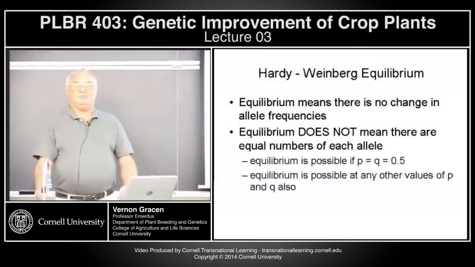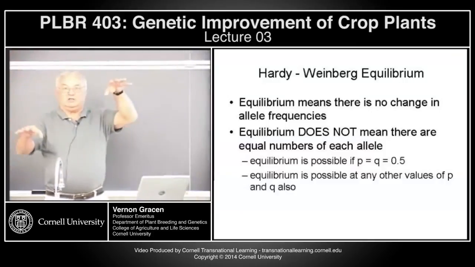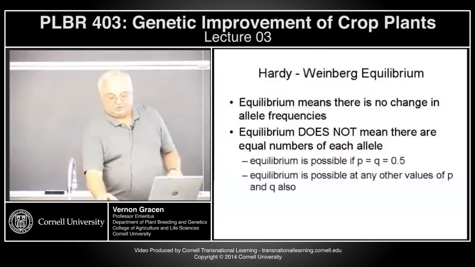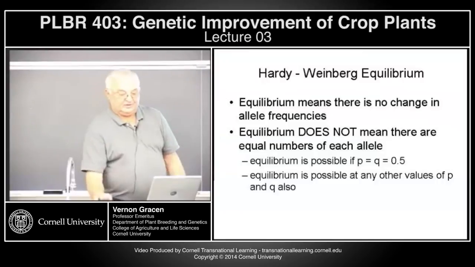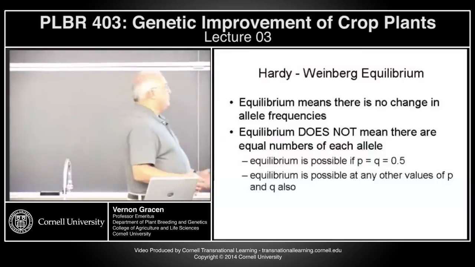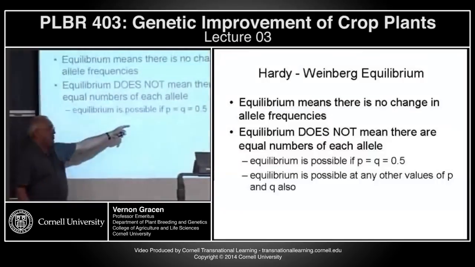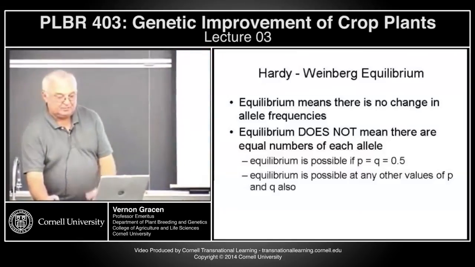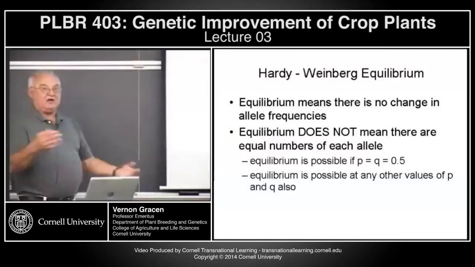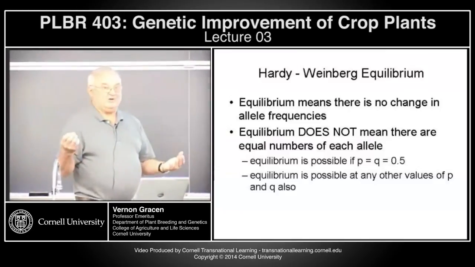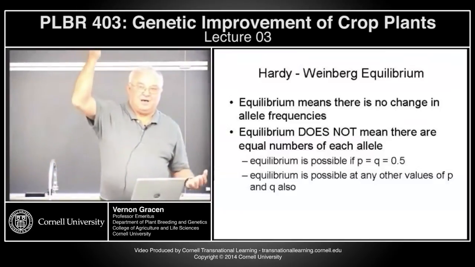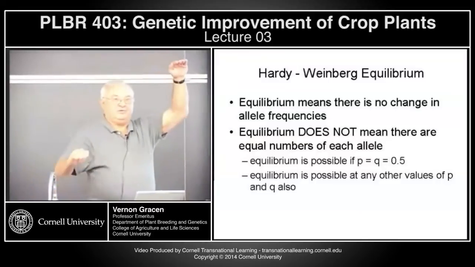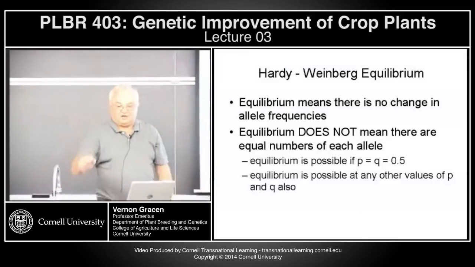It doesn't mean equal numbers of each allele. When a population comes to equilibrium, it could be possible if both P and Q are equal to half, or the population could come to equilibrium at any other value of P and Q. In fact, normally populations at equilibrium do have different values of P and Q.